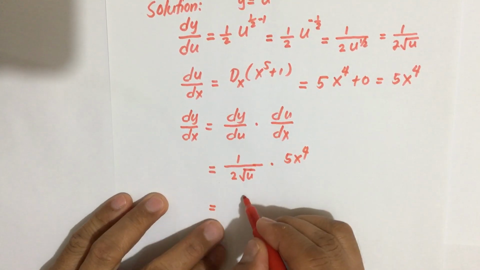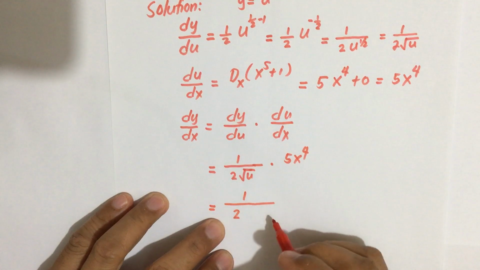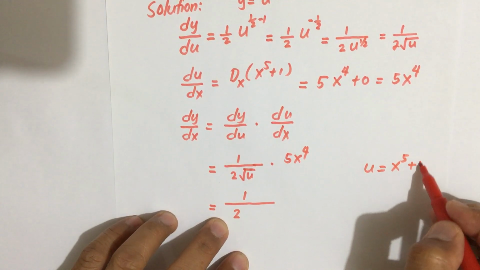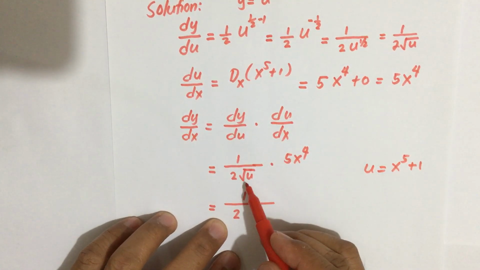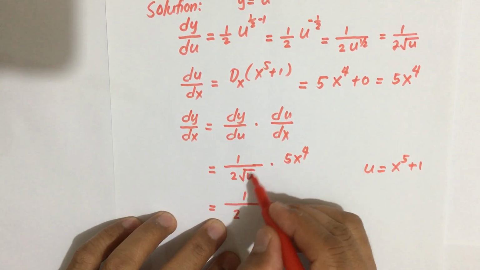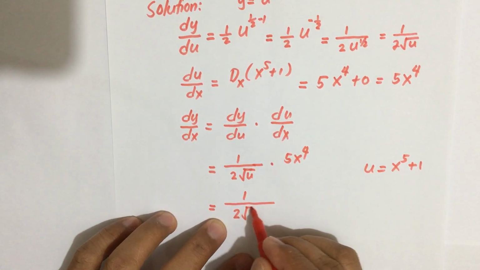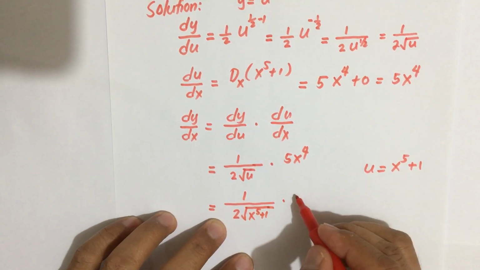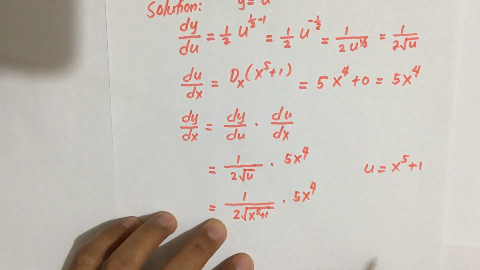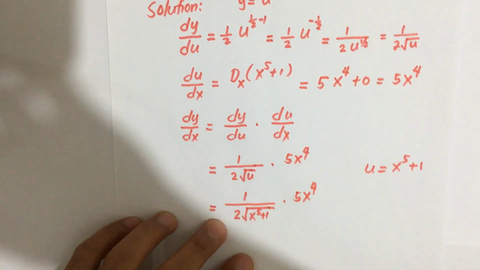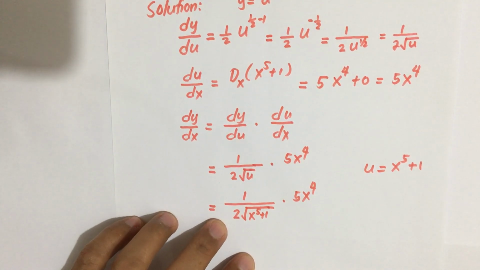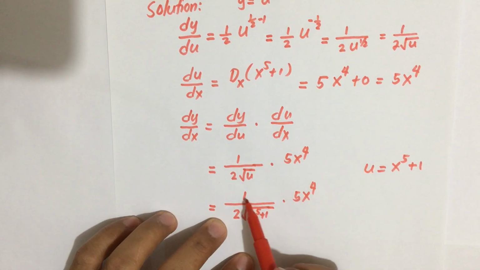So therefore, we have 1 over 2 times, since our u is equal to x to the 5th power plus 1, substituting this in our radical part of the denominator, the square root of x to the 5th power plus 1, then times 5x to the 4th power. Then we have here the numerator, multiplied by 1.